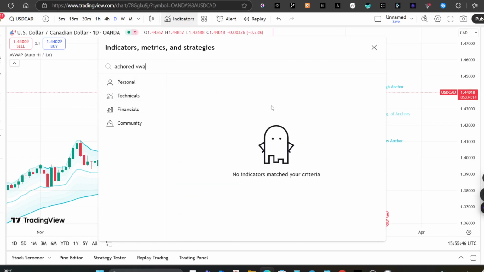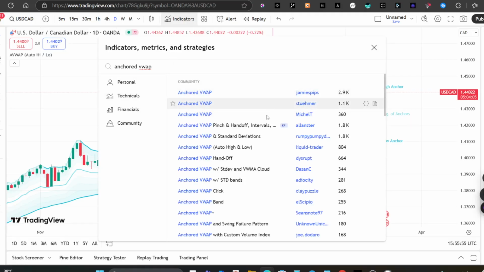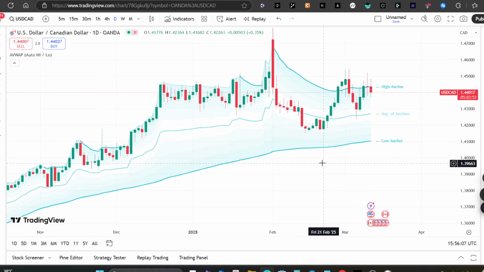Now you might see a couple of options, like you can see a whole lot of them. This was the one that I selected here, the one that automatically generates the anchoring to highs and lows. That was the one I selected in this particular video. You can select from the list whichever one you want to make use of.